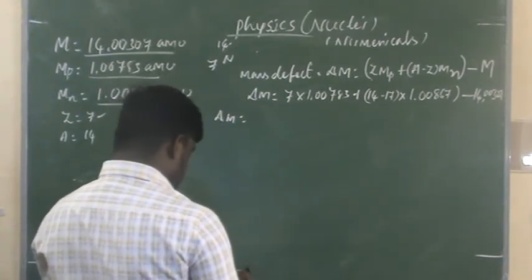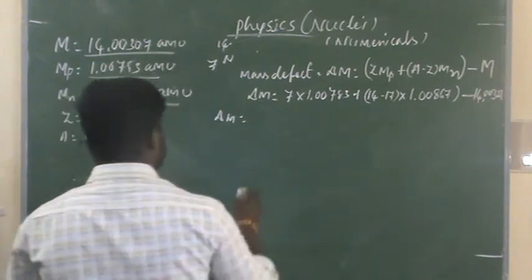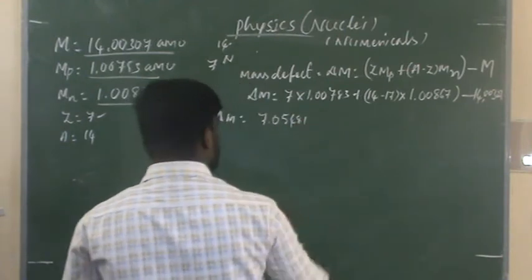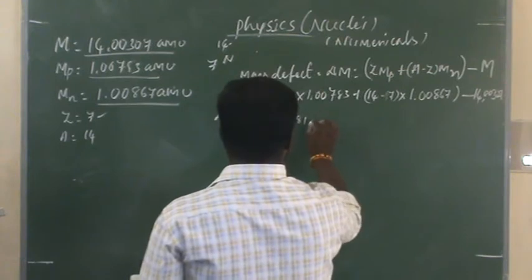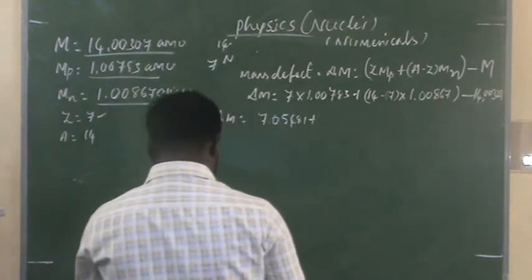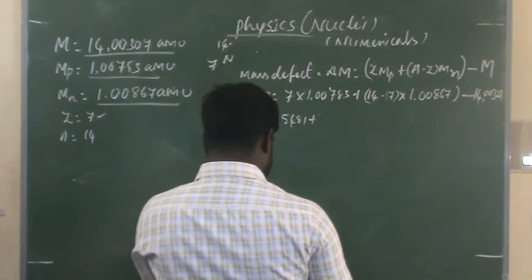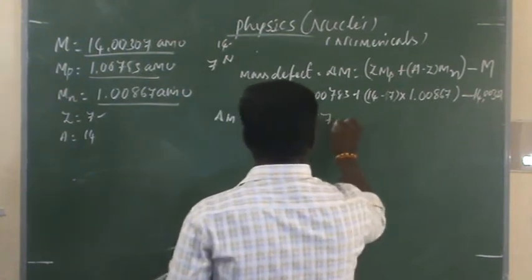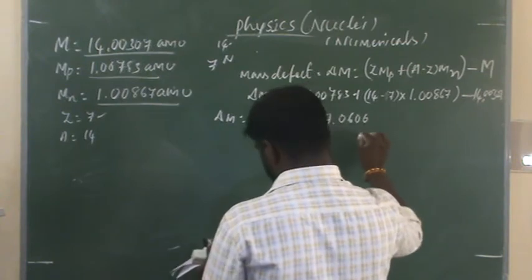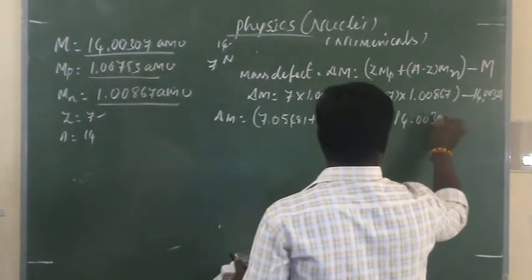So here delta M equals 7 into 1.00783, that is 7.05481, plus 14 minus 7, that is 7, into 1.00867, that is 7.06069, minus the rest mass of the nucleus 14.00307.